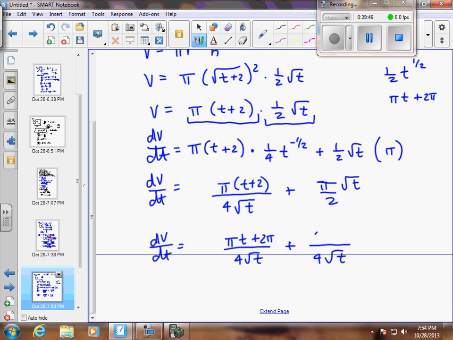So that's going to be 2 pi t. So then we can combine the pi t and the 2 pi t to get 3 pi t plus 2 pi over 4 square root of t.